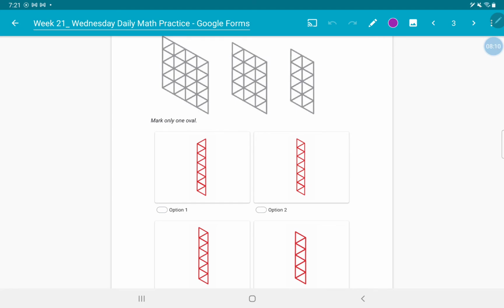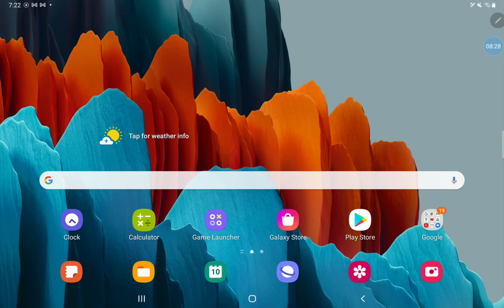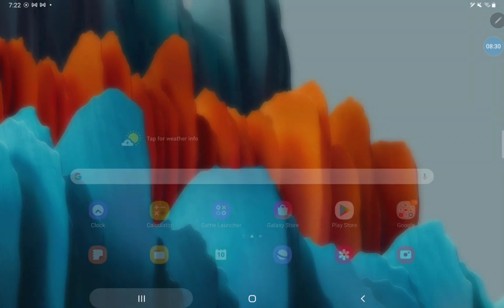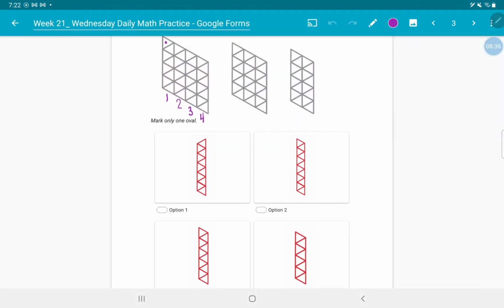So if I look at these and I look at the columns or the vertical rows, I've got 1, 2, 3, 4 columns, and in each column there's, let me recount those, 1, 2, 3, 4, 5, 6, 7, 8. There's one row of 8.